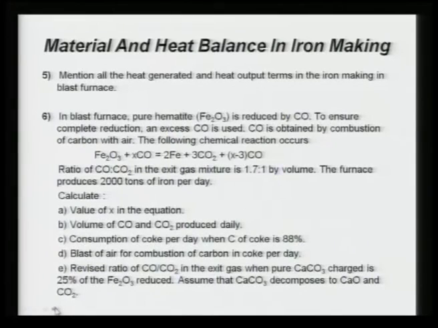Heat generated terms you have to see: combustion of carbon, FeO to Fe reduction, heat of mixing and all those things. Heat output terms: heat taken by pig iron, heat taken by gases, heat taken by slag. So, all these things are important, so that you can narrate in problem number 5 after calculating problem number 4.